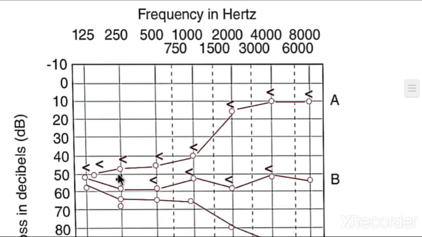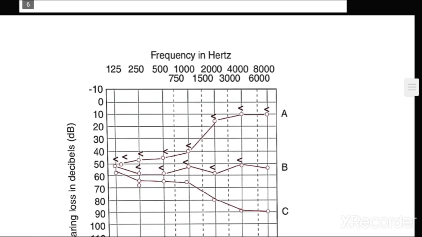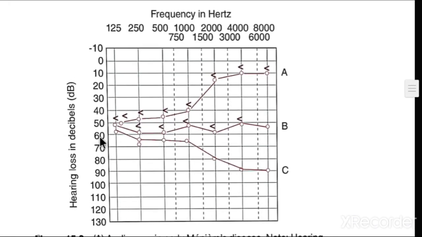This is the pure tone audiometry graph. In the initial stage, the lower frequencies of sound are affected, around 500 to 50. These frequencies are affected because in Meniere's disease, first of all the scala media, the inner part, is affected, and the higher frequency sounds are not affected.